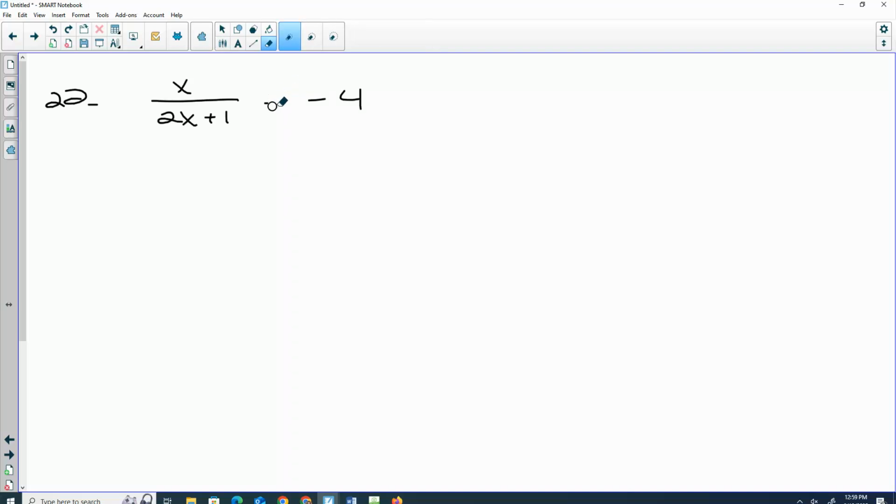But why can't I do that if I have an inequality? Right, I don't know if it's positive or negative, and we know that if it's a negative, it flips the inequality. So since I don't know that, I cannot multiply by my variable. What did we do instead? Add over the 4.